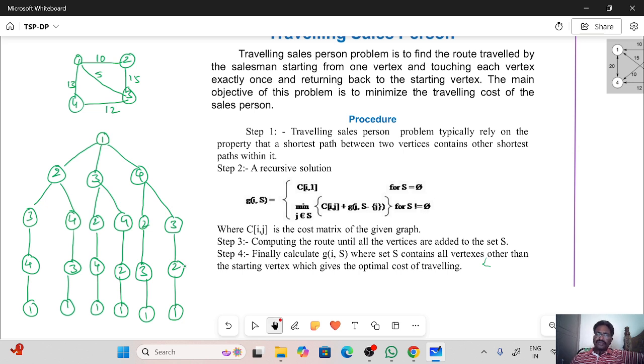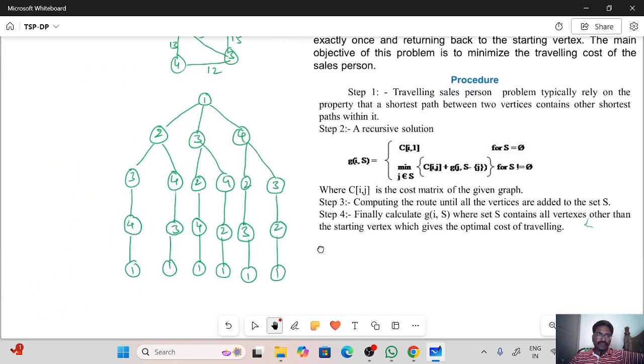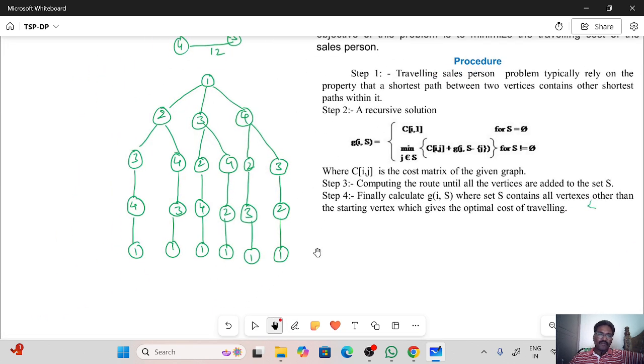To achieve this, if you clearly observe this problem statement, we find the solution from a bottom up approach.